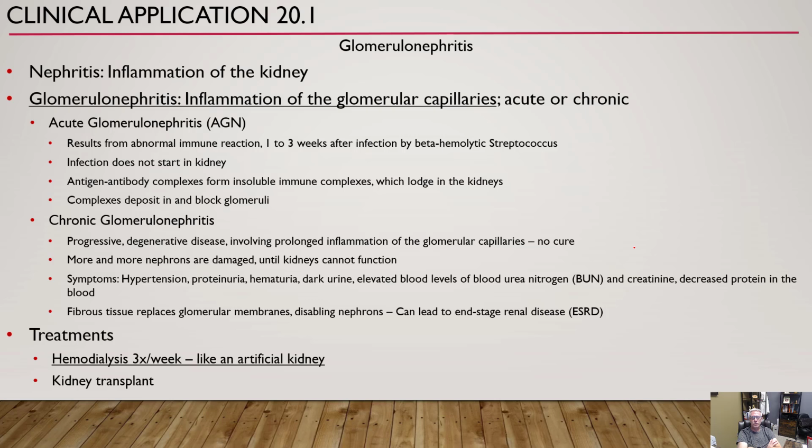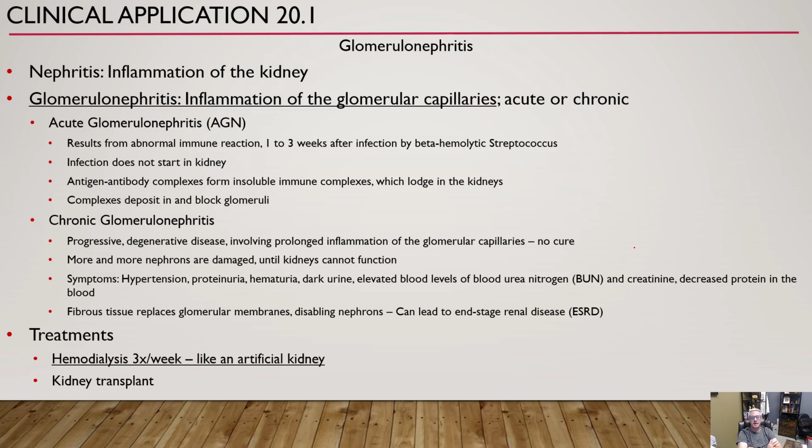Basically, these antigen-antibody complexes are going to deposit in the glomerulus and block the filtration portion of the glomerulus, so it's not able to clear the waste products. Then we also have chronic glomerular nephritis, a progressive disease for which there's no cure.